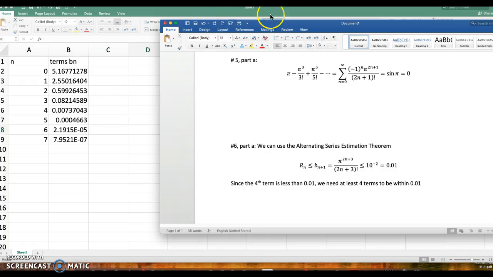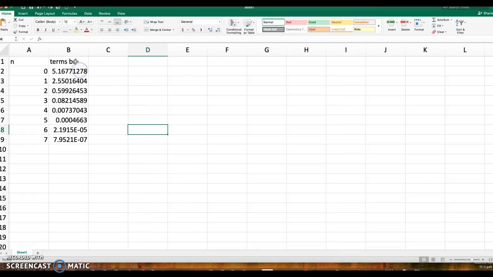Okay, so I want to double check just to make sure this actually makes sense. Is 4 terms enough to be within 0.01 of 0? If you go more than 4 terms, you're going to be safe. It'll be even more accurate, but we need at least 4 terms. So I want to go right here and take the terms. Instead of bn, I'm going to call this an. So I want to change this value.